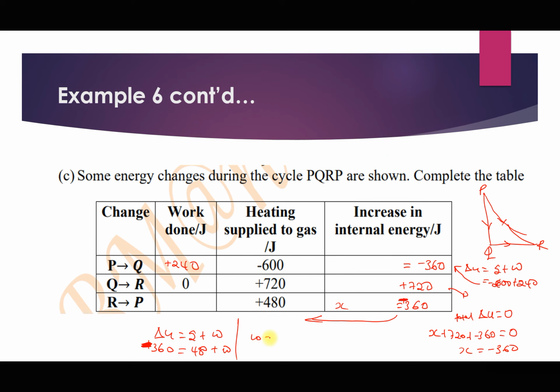So W is going to be equal to negative 360 minus 480, which gives us negative 840. So the answer here is negative 840.